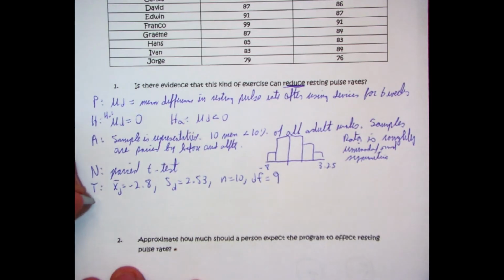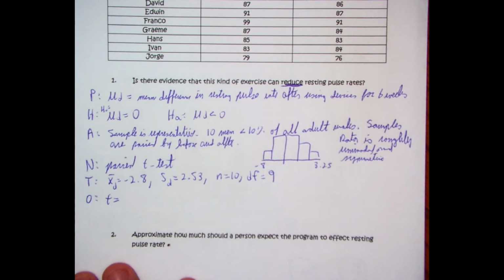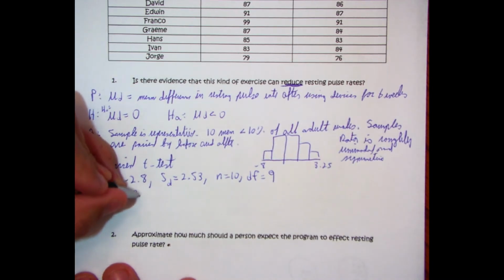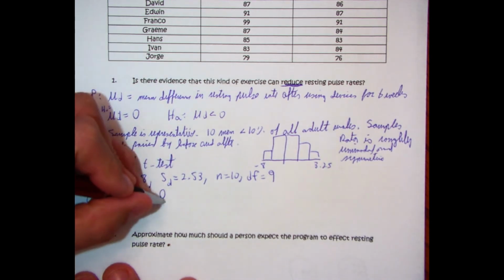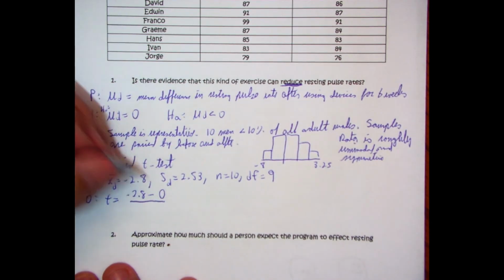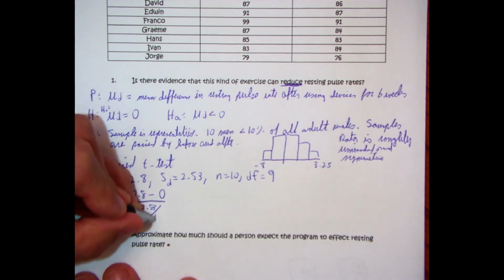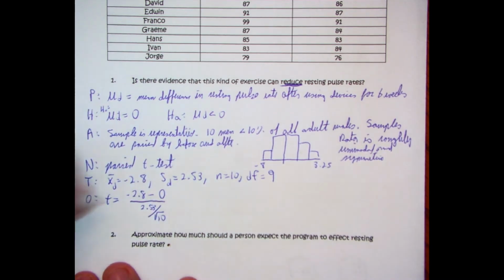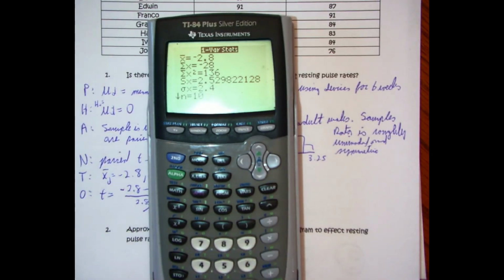Okay. Now we obtain P. So T equals X bar minus mu, well, we're hypothesizing that mu is 0, divided by S, 2.53, divided by the square root of n. Okay? And at this point, we're treating it as a 1-sample t-test.